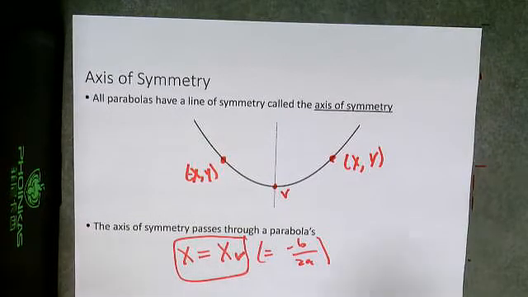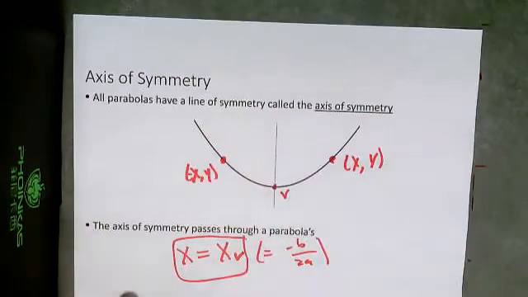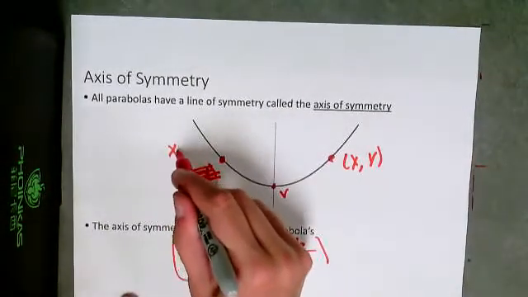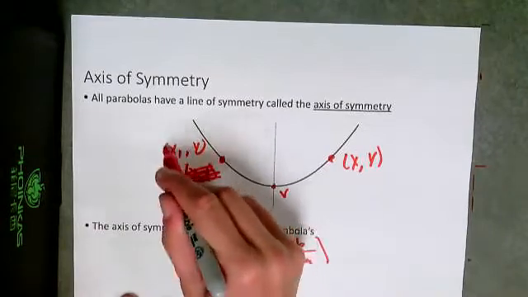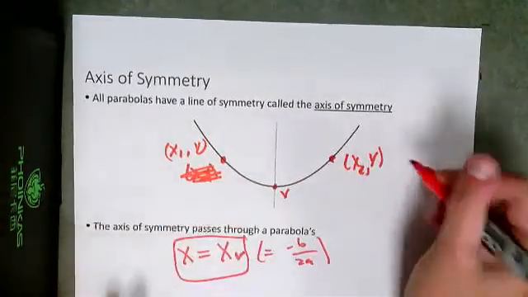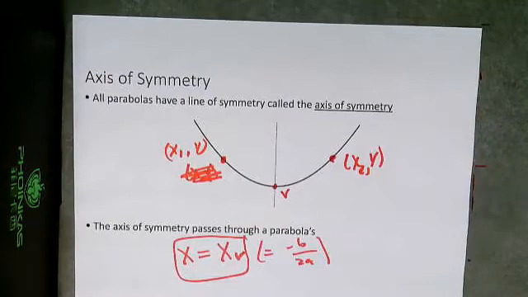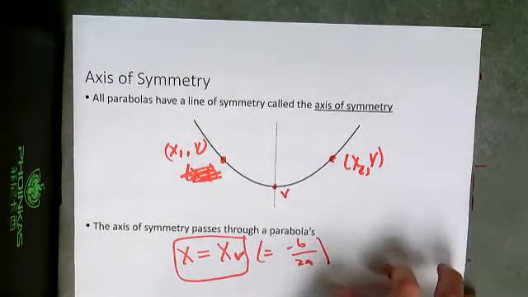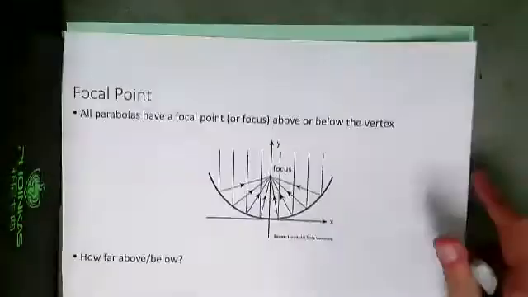Well, that's if it's at 0. So anyway, let me actually rewrite this: (x1, y), (x2, y). There we go. All right. Axis of symmetry. More on that.